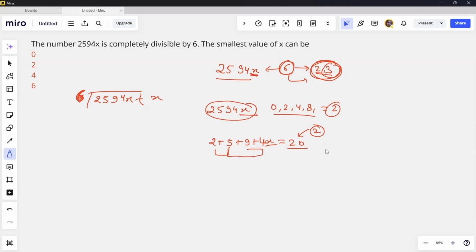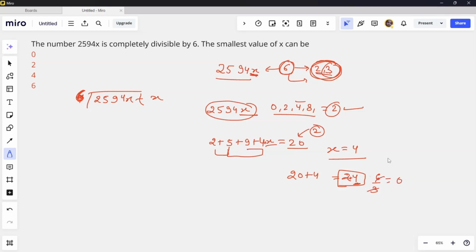So if we put the value of x as 4, it means 20 plus 4, which will be 24. Because the unit digit is 4, it is completely divisible by 2, and the summation of the digits is 6, and 6 is completely divisible by 3.